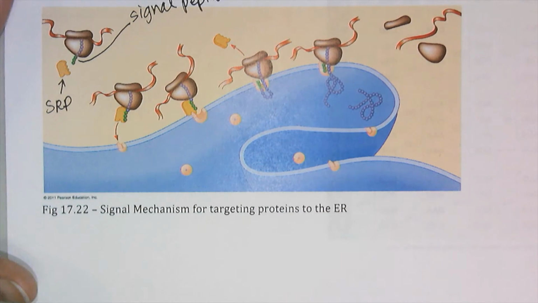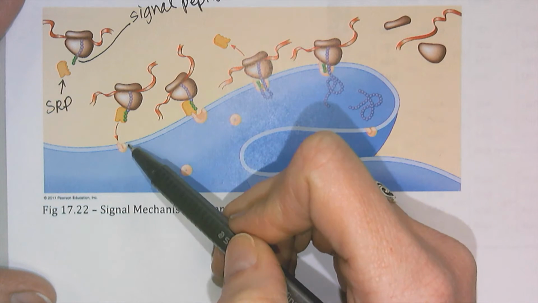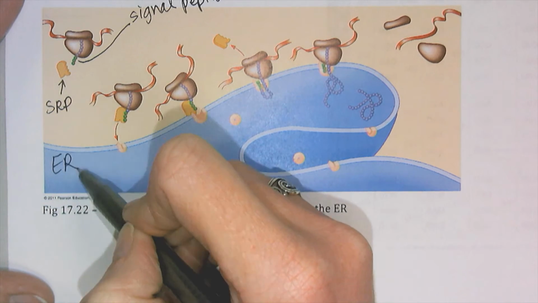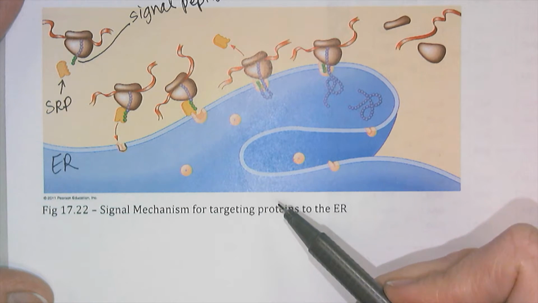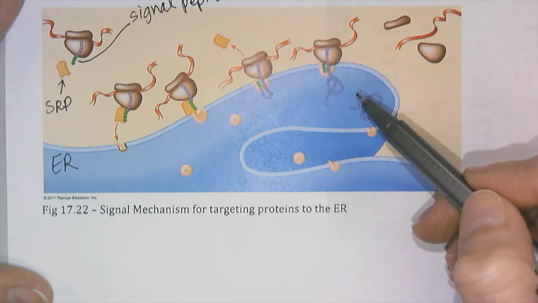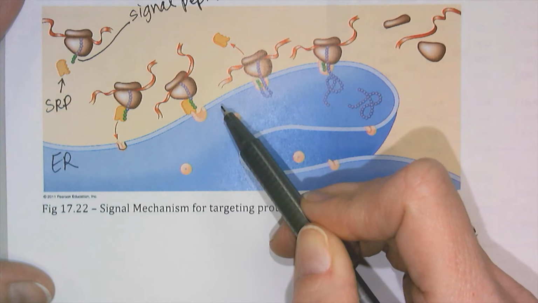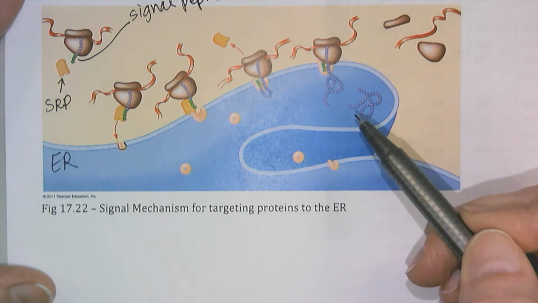The signal recognition particle will then recruit the ribosome and the mRNA and the growing protein over to the endoplasmic reticulum, and it will then dock with a pore right here on the ER, and that protein will then be extruded into the lumen of the ER, into the middle, and then it can be processed further, transported.